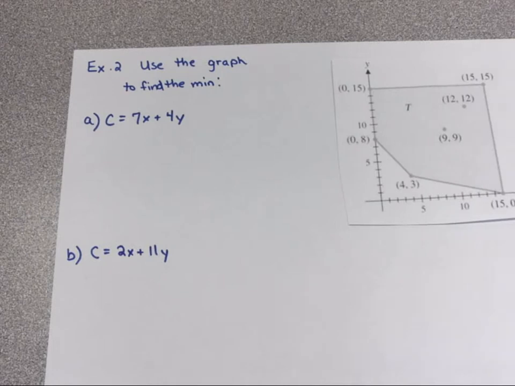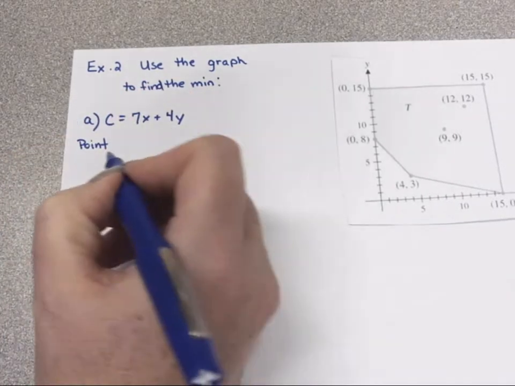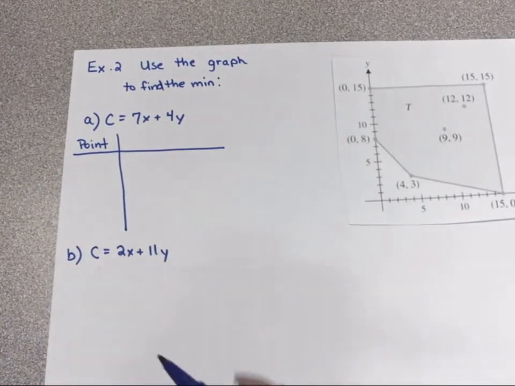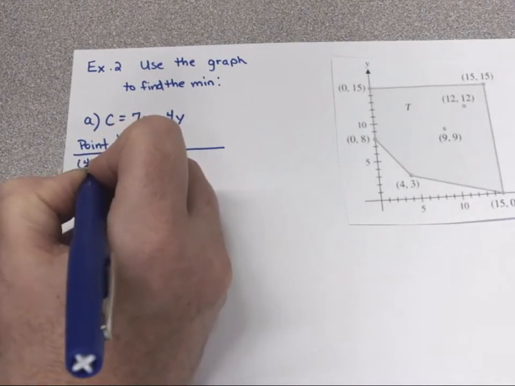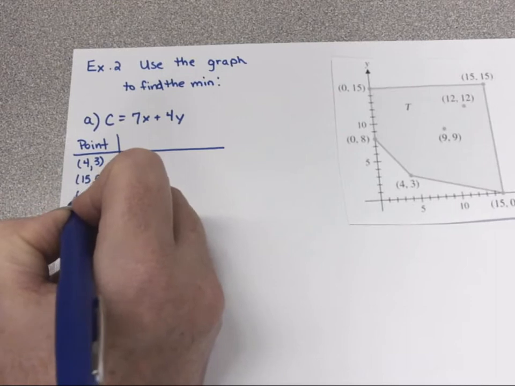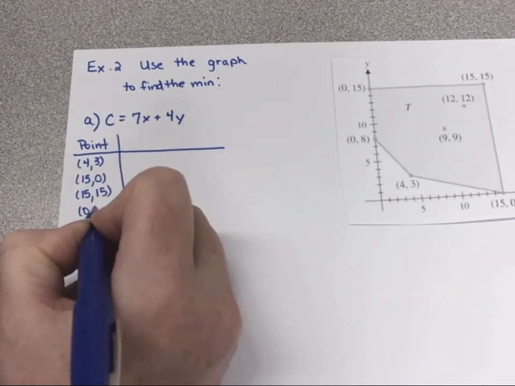So we'll do it much the same way. It can only be a corner point. It's going to be the point 4, 3, 15, 0, 15, 15, and 0, 15.